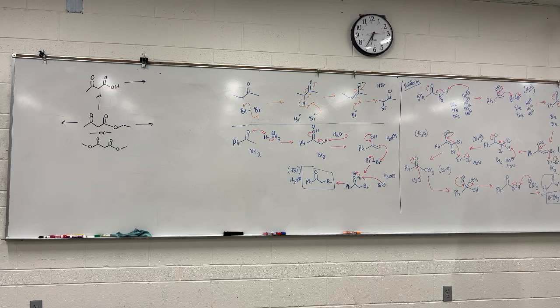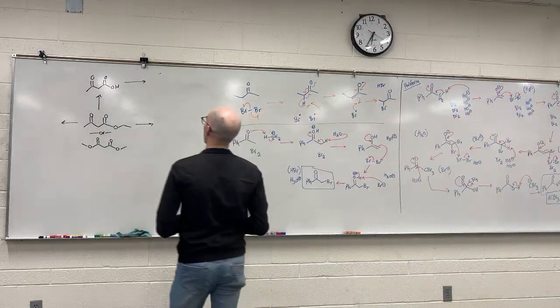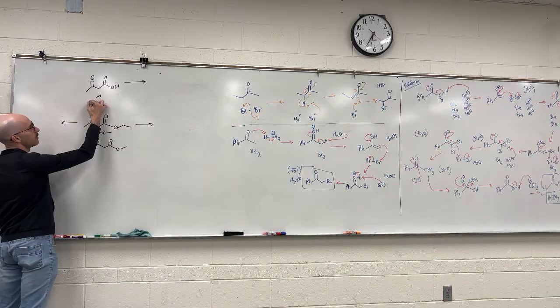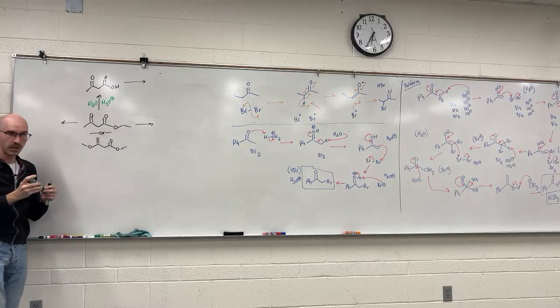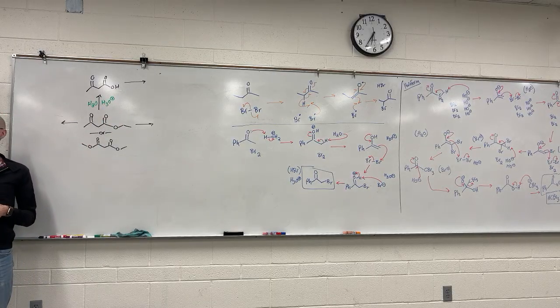We're going from the ester to the carboxylic acid. Ester to carboxylic acid. A little bit more. We need H2O and H+, in which case we can write H3O+. Hydrolysis of the ester. We've already learned that.